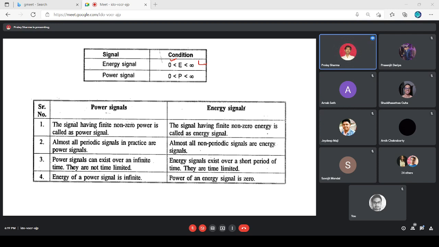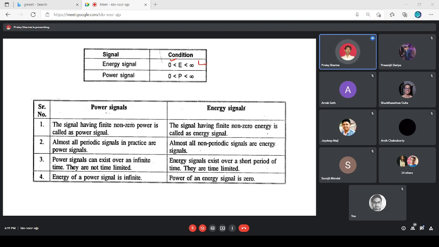First, the signal having finite non-zero energy is called an energy signal, and the signal having finite non-zero power is called a power signal.